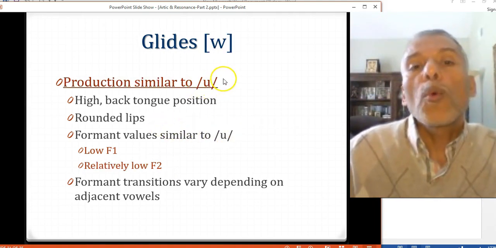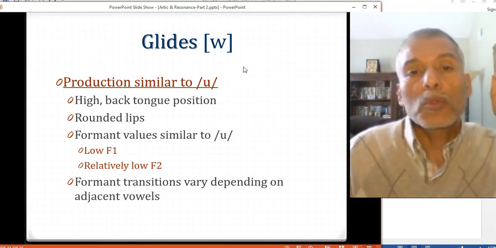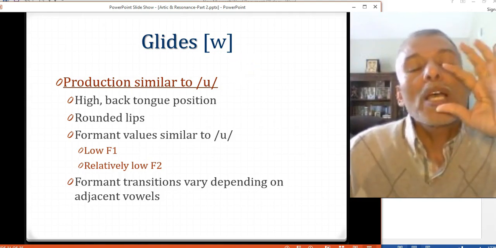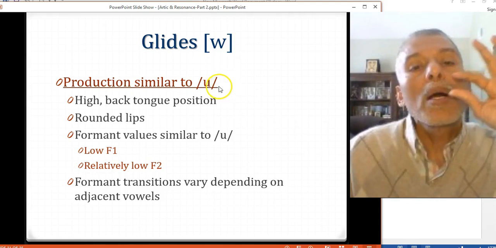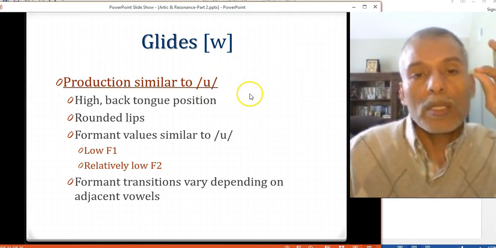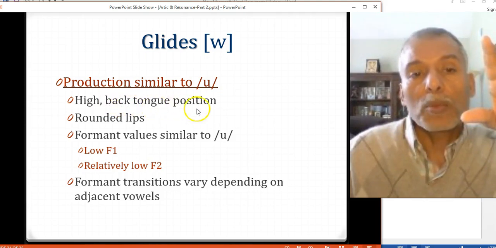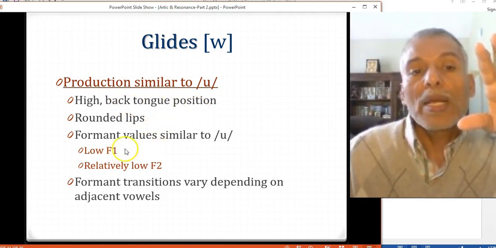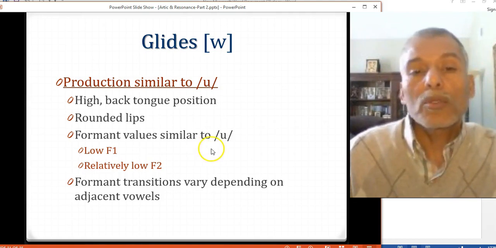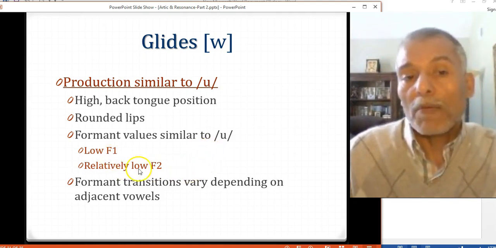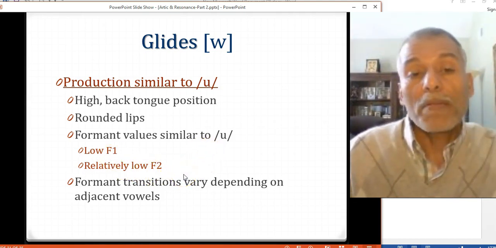"Wa" is also a blend of two sounds. "Wa, woo." You begin with the same characteristics as the "oo," with high back tongue position, lip rounding, and the formant value is very similar to "oo" at the beginning, low F1 and relatively low F2.